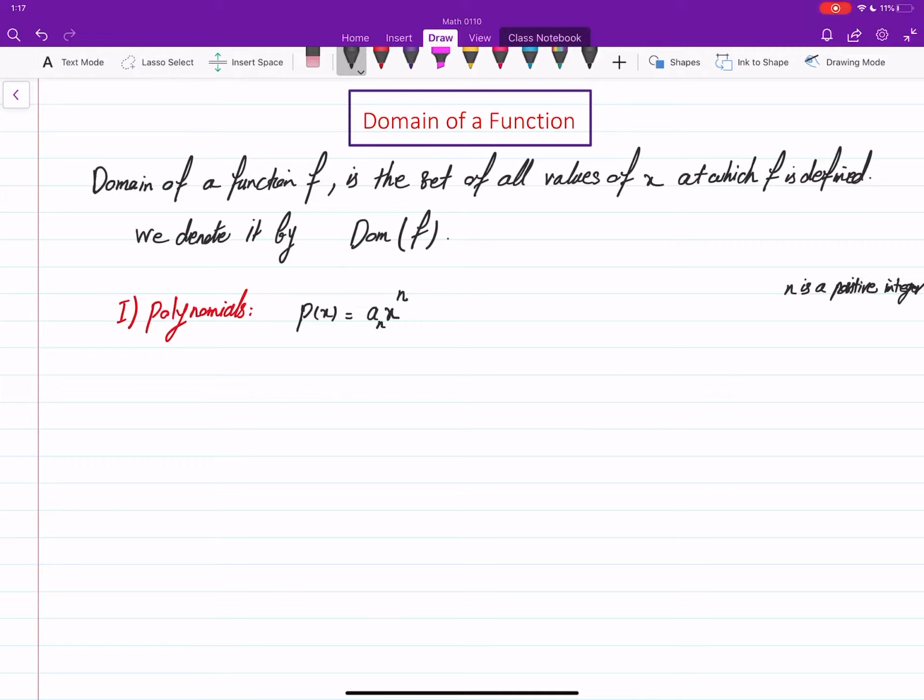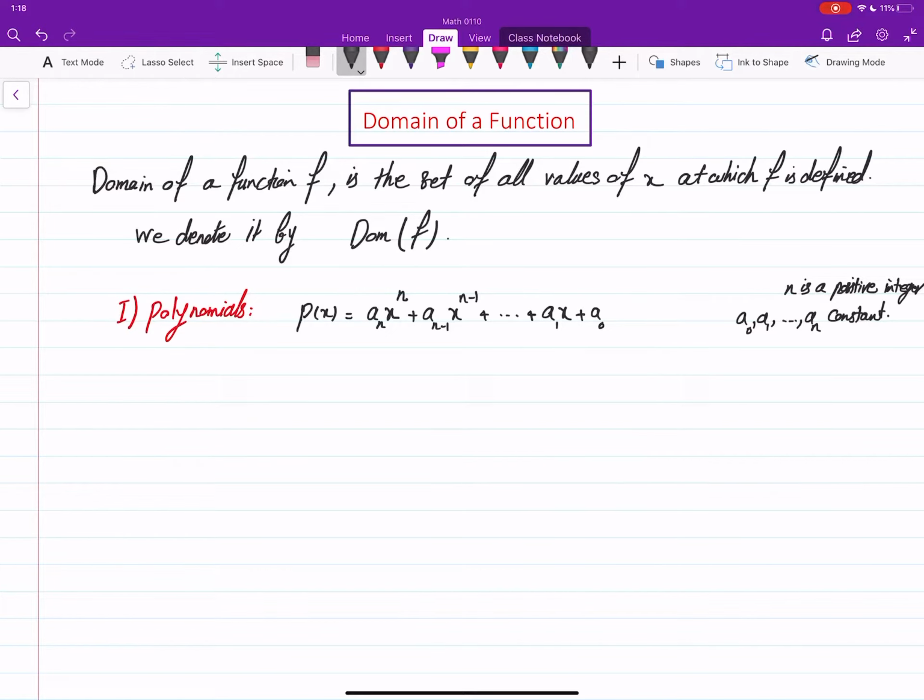Then another constant times x to one less power, and this goes up to a_1 x plus a_0. So n is an integer, and a_0, a_1 up to a_n are some constants.